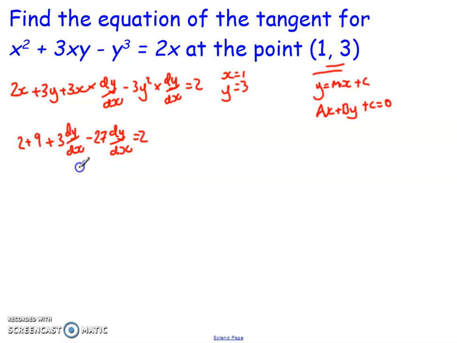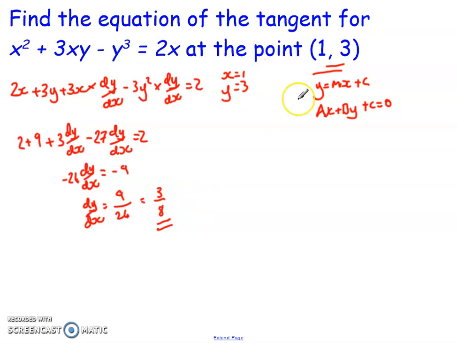I've then got 3 take away 27, so negative 24 dy by dx is equal to 2 take away the 11, which is negative 9. So for that, I know that dy by dx is equal to 9 over 24, and if I divide them through, that's going to give me 3 over 8. So there you go, I've now got the gradient of my line.